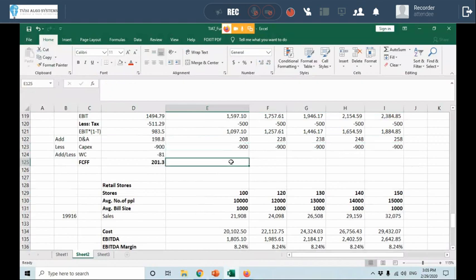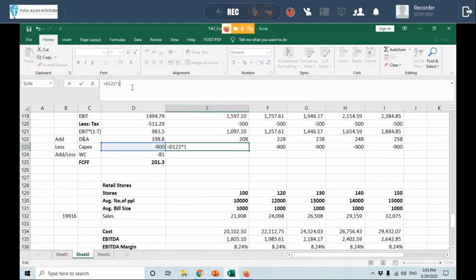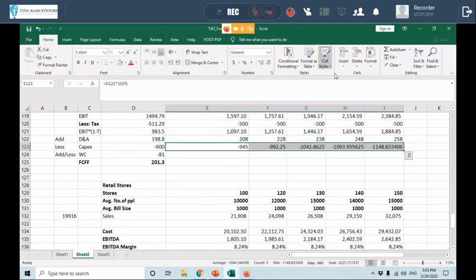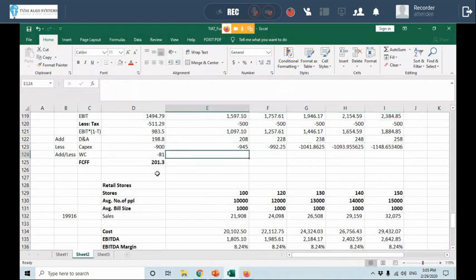But this is just an example of how we arrive at it. Let's increase this also, at least by 5%, like some fixed costs such as staff salary, electricity, transport. So we have increased this by 5%. Working capital, I will keep constant.